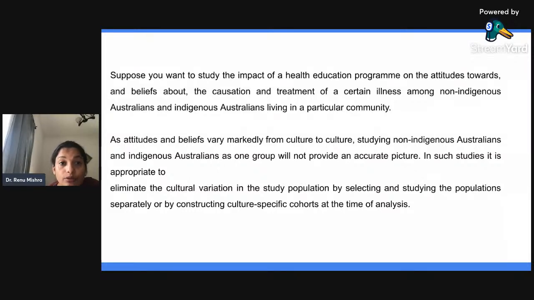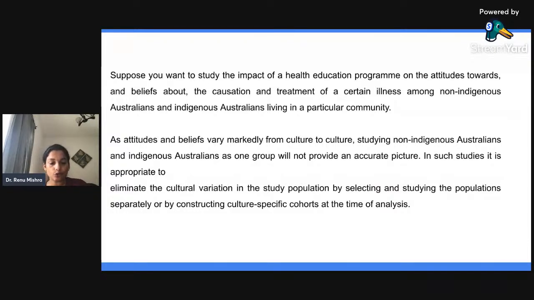So in this kind of setting, when you are looking at this example, you have to eliminate the cultural variation in your study, and you have to study one population belonging to one cultural aspect at one time.